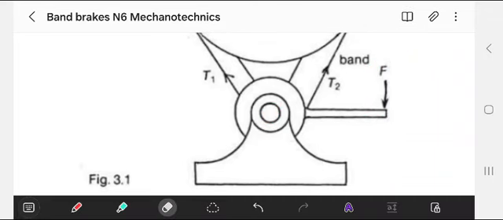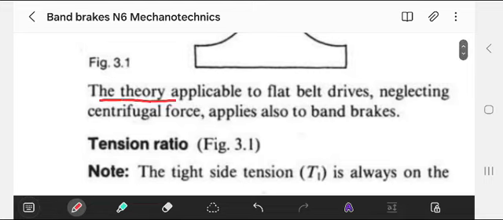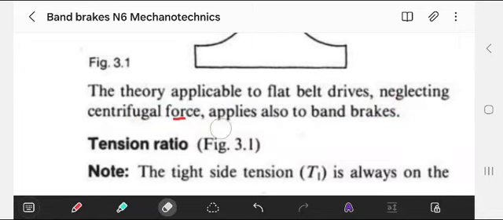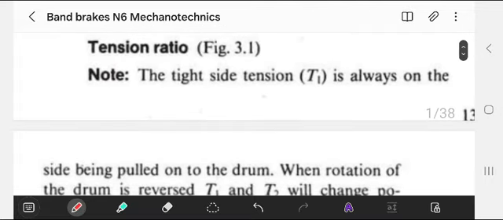All right. So the theory applicable to the flat belt drive, neglecting the centrifugal force, applies also to the band brakes. You see, what we've learned about the tensions we'll use here. The example here: tension ratio.